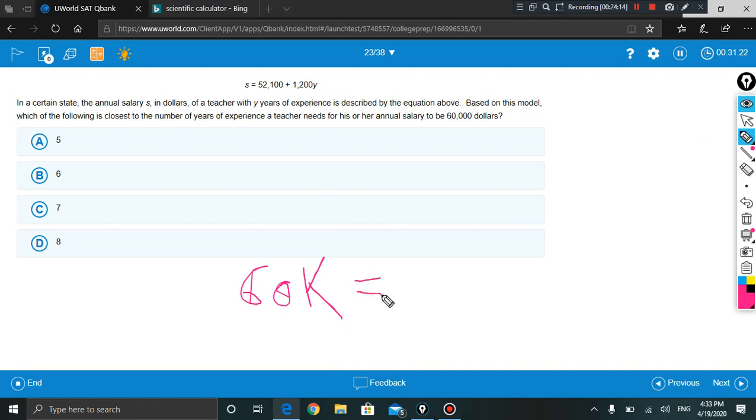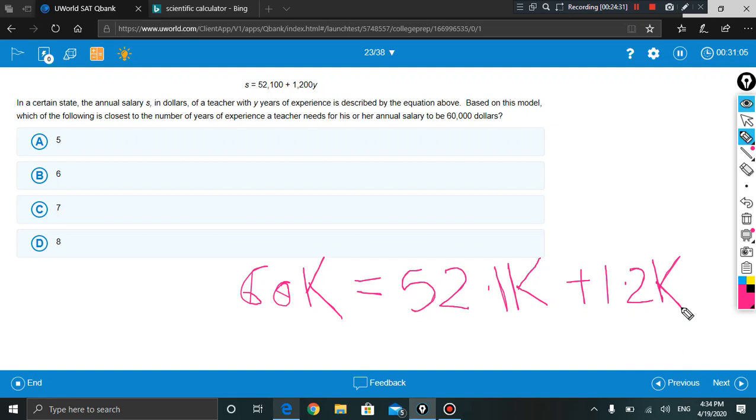Is equal to 52.1k plus 1.2 ky. When I say k here, I mean 1000. 60,000, 52.1 thousand, which is 52,100.